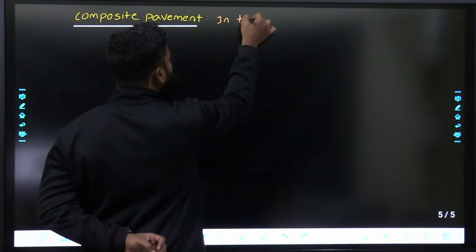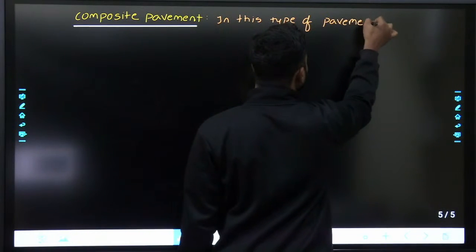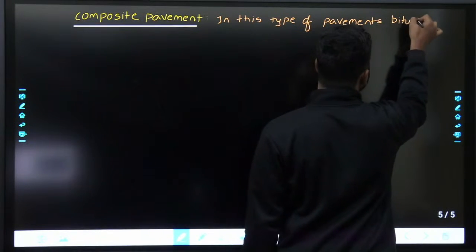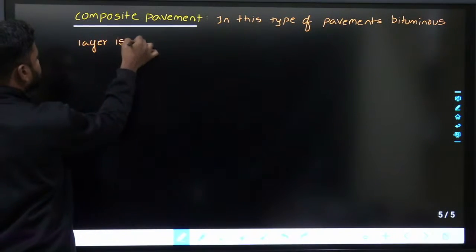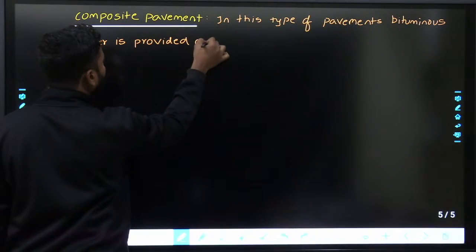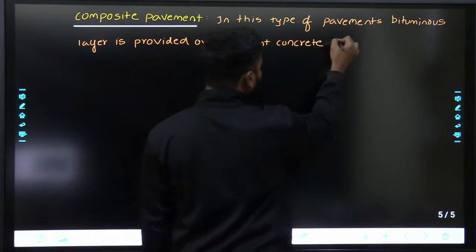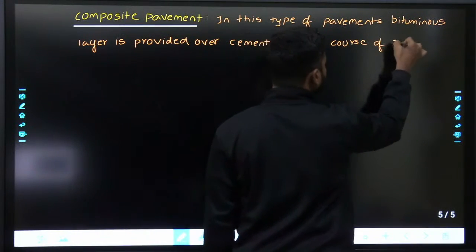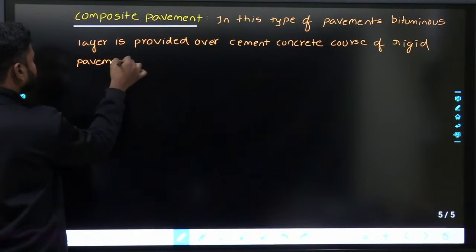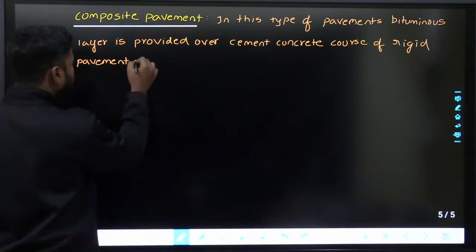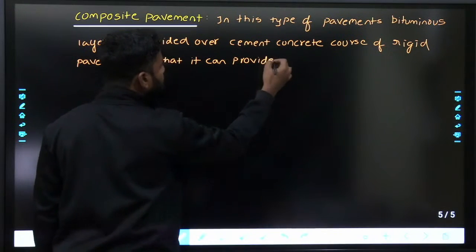In this type of pavement, a bituminous layer is provided over the cement concrete course of rigid pavement, so that it can provide a smooth riding facility.